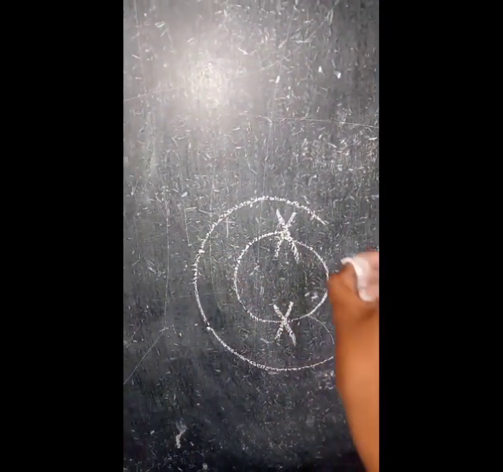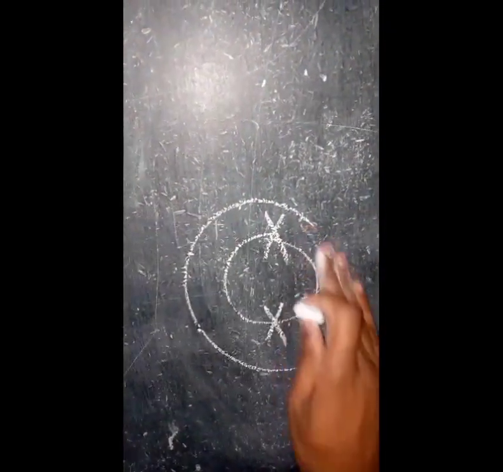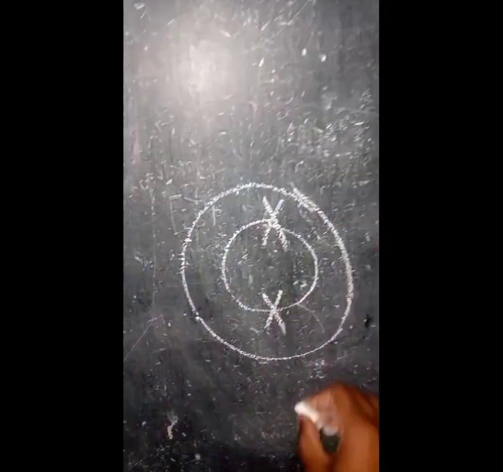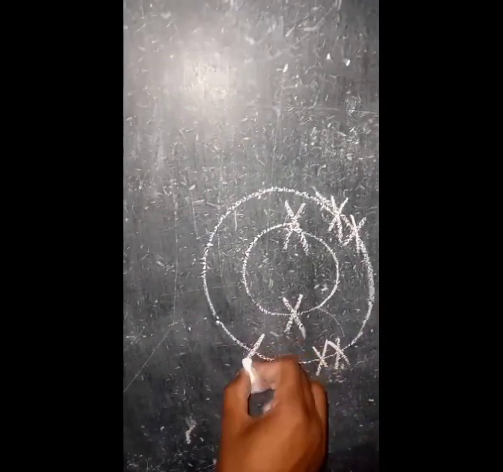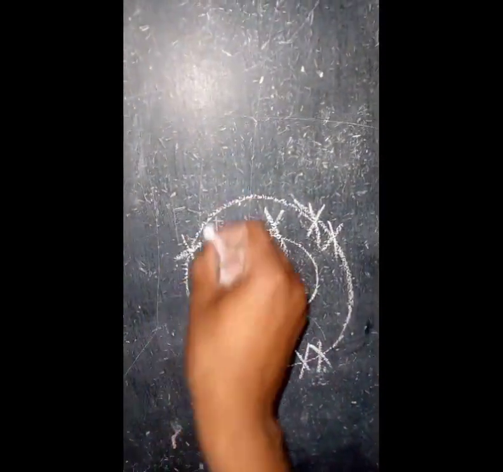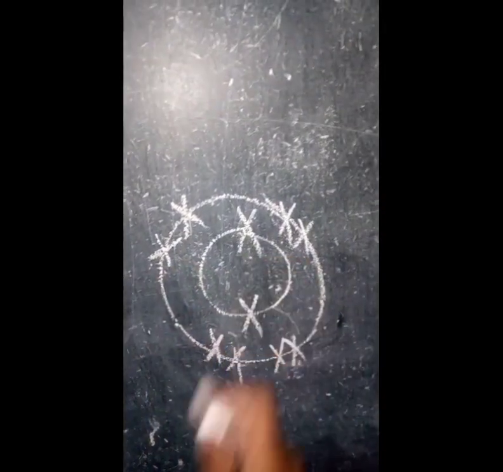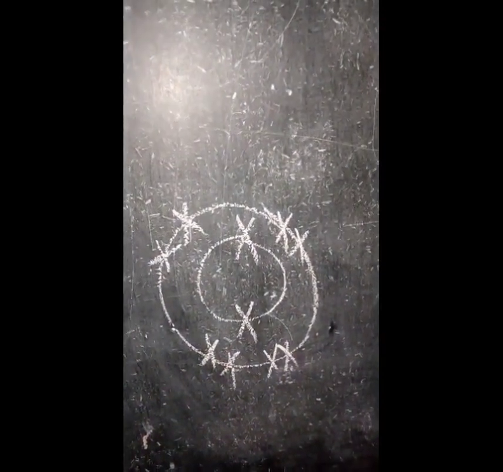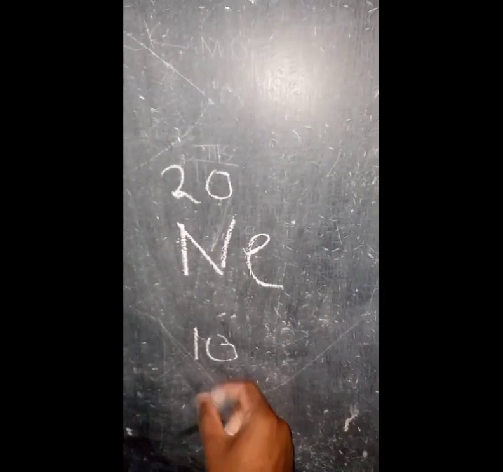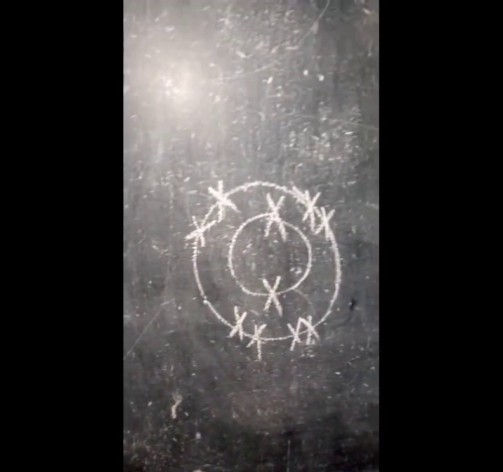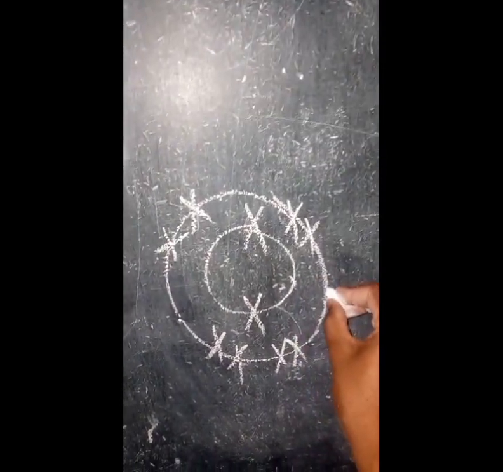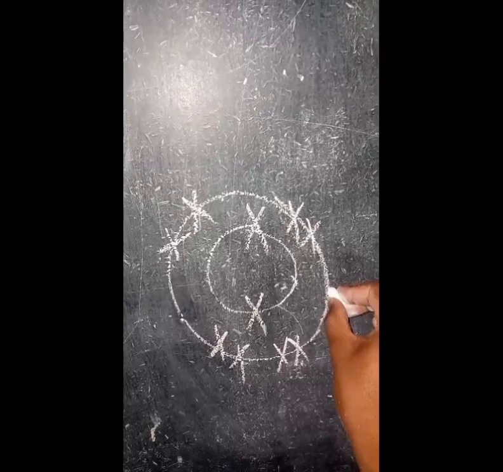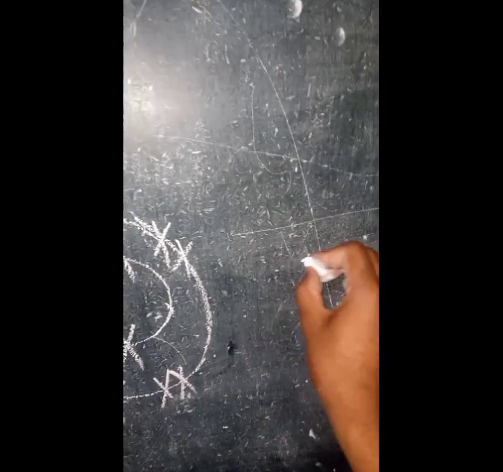Then we are going to have a second shell having the number of electrons that are remaining. So 1, 2, 3, 4, 5, 6, 7, 8. 8 plus these 2 will give us 10 electrons, which is 10 here. So how many shells does it have? Electron shell number 1, electron shell number 2. In what period of the periodic table do we find it? We find it in period 2.